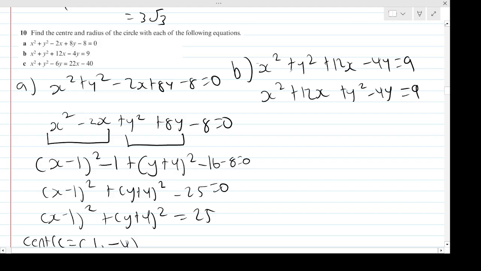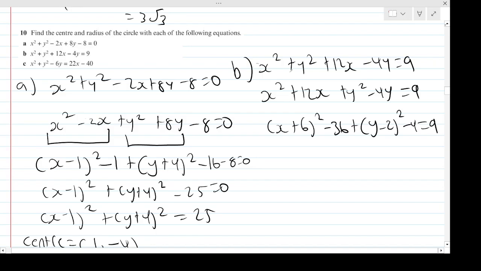Then we complete the square on the x and the y parts. Firstly, half of 12 is 6, so (x + 6)², then we minus 36. Then for y, half of minus 4 is minus 2, so (y - 2)², then we minus 4, and that equals 9.